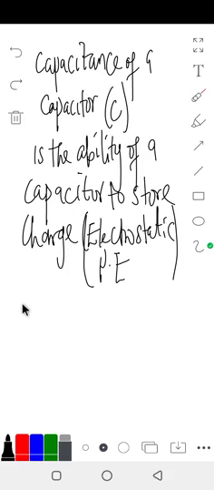That is the capacitance of a capacitor. Then what are the factors affecting the capacitance of a capacitor?